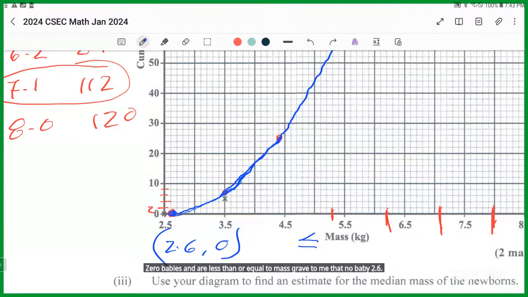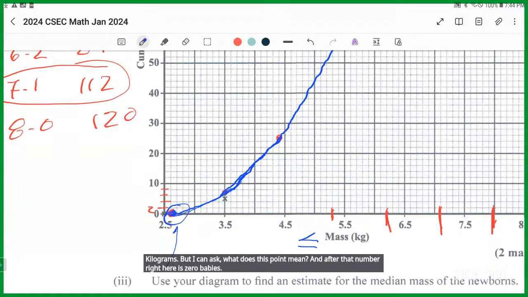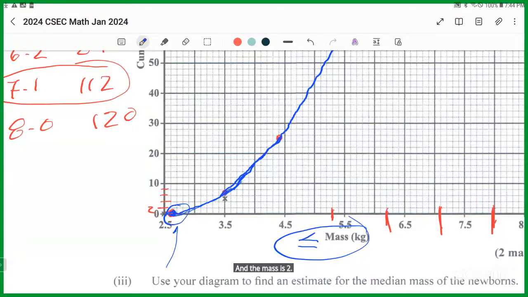That's what it means. Remember, right here is 0 babies, and the mass is 2.6, and that's a less than or equal to graph. So no baby measured less than or equal to 2.6 kilograms.